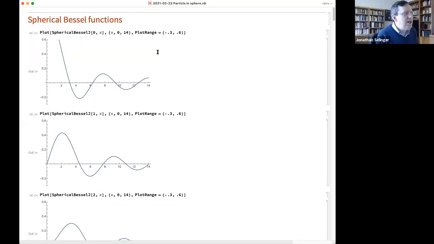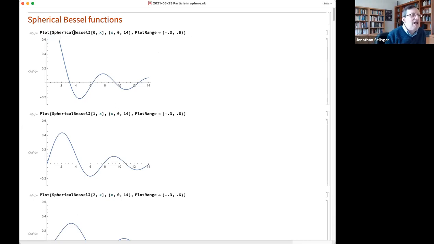Okay, so I made Mathematica plots of these guys. Share Mathematica here. Okay. So very conveniently, Mathematica has a spherical Bessel function command, okay?